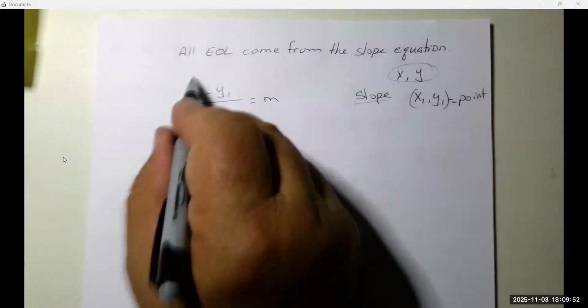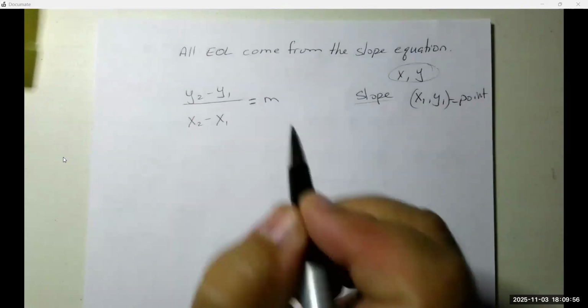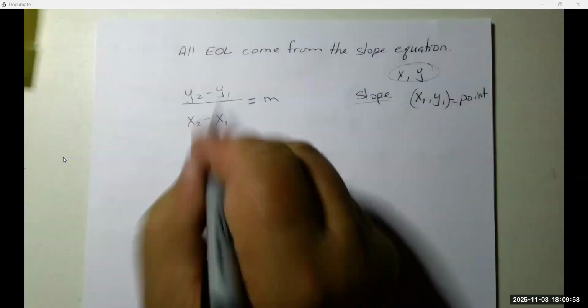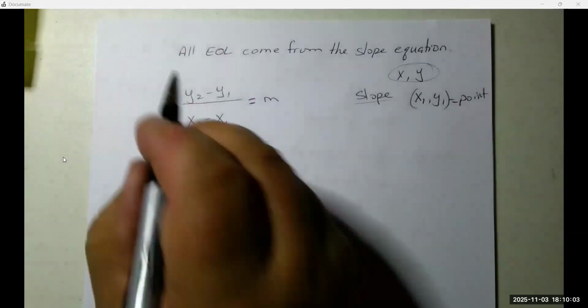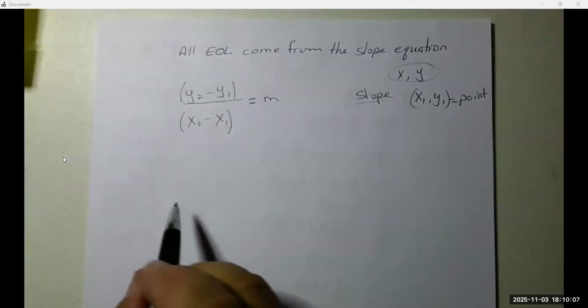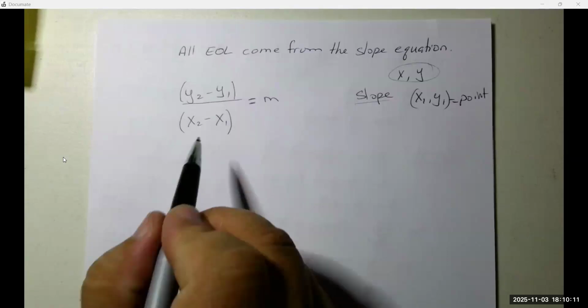So we have a fraction. Here's the general rule. Whenever you have a fraction and an equal sign, get rid of the fraction. How do we get rid of the fraction? If we multiply both sides of the equation by the denominator.